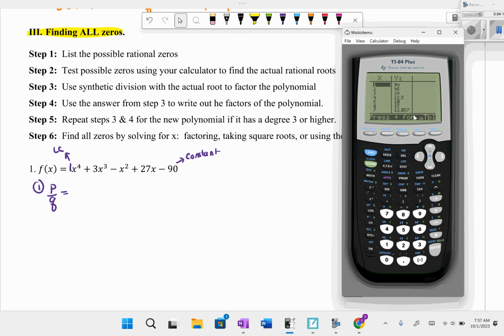So in this case, we have plus or minus factors of 1, 2, 3, 5, 6, and then if we keep scrolling, 9 is where it starts to repeat because you see you have 9 and 10 and 10 and 9.